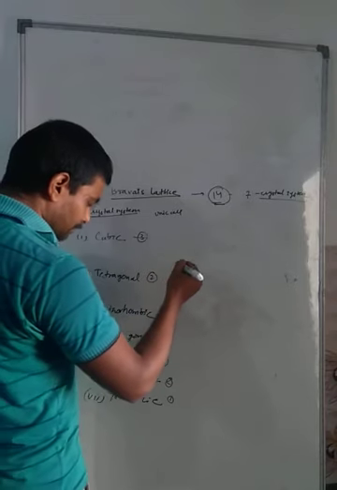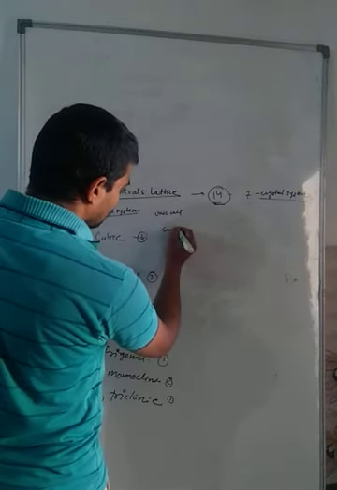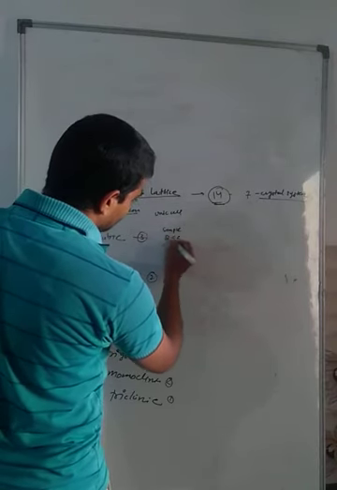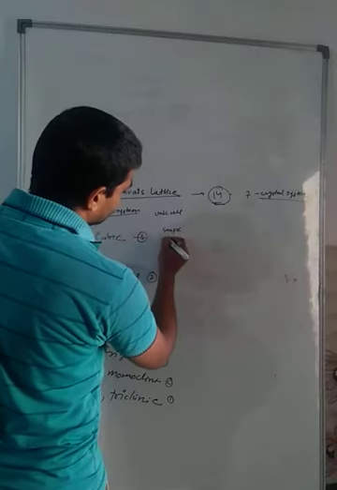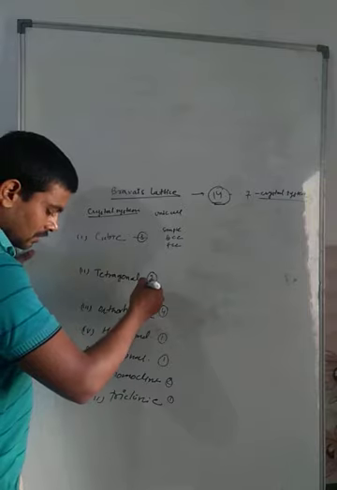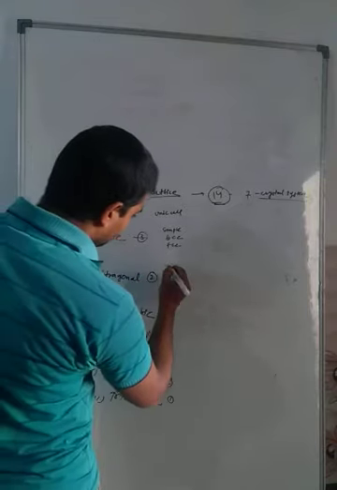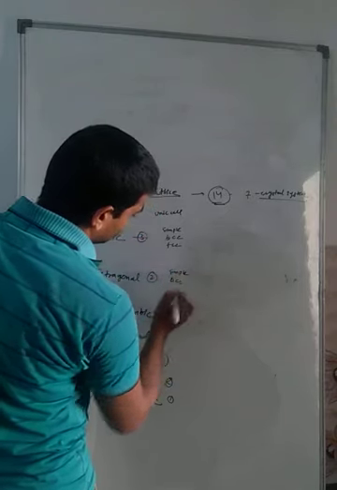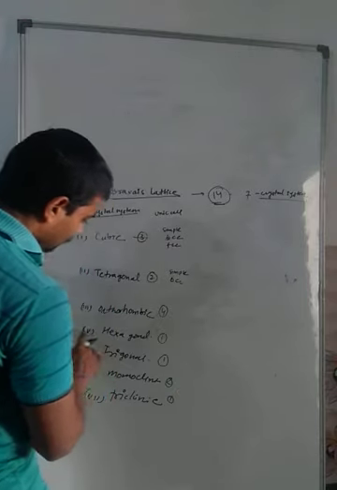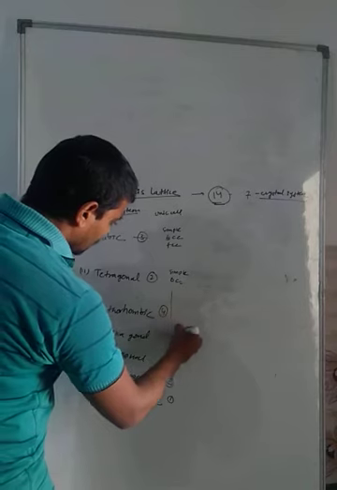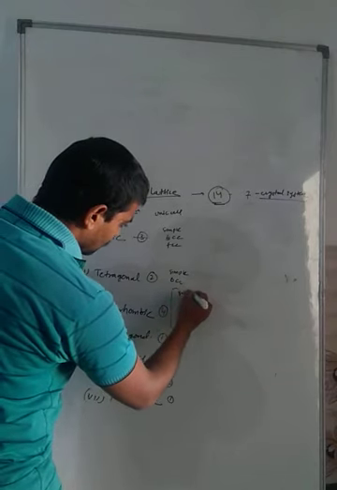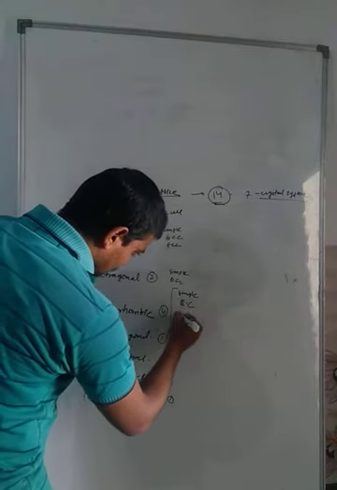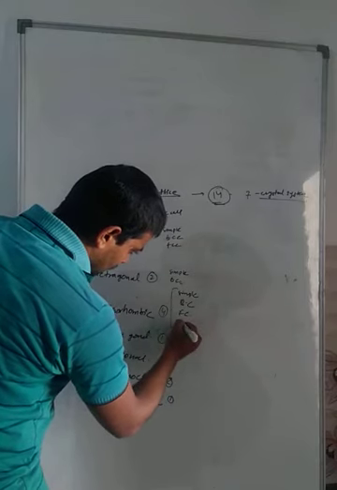The 3 cubic unit cells mean simple, BCC and FCC. In case of tetragonal, simple or body centered. In case of orthorhombic, there are 4: simple, body centered, face centered, and end centered.